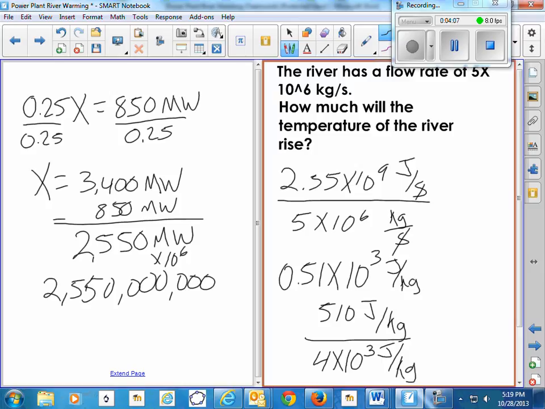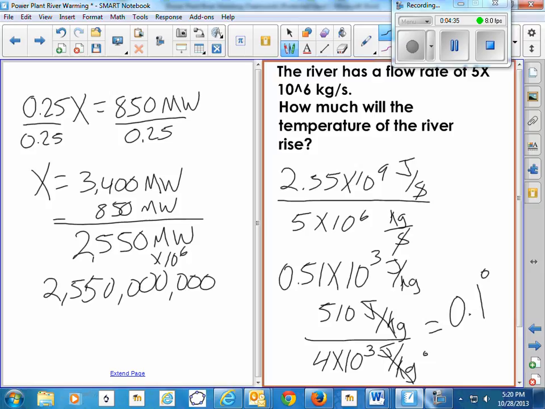And then per degree for the heat capacity, joules per kilogram, so we just have units of 1 over degrees, which is just degrees. So I used 4,200 joules per kilogram, but anyways, that all comes out to be about somewhere around 1/10 of a degree.